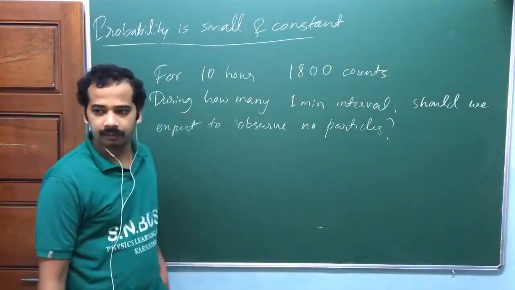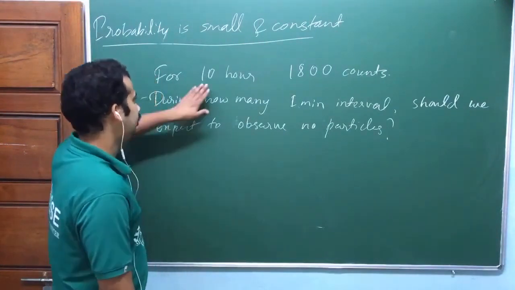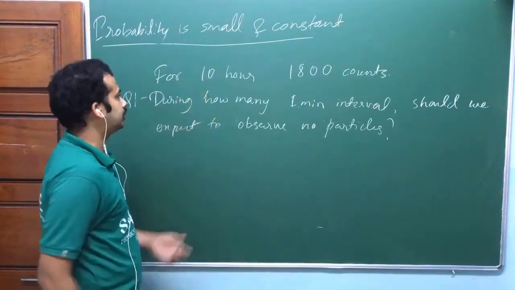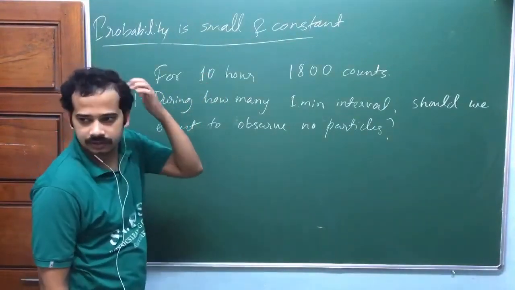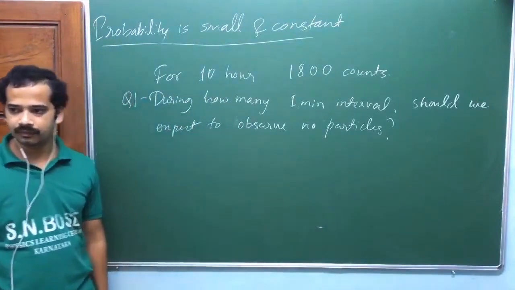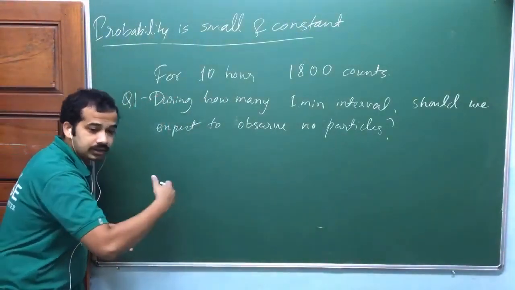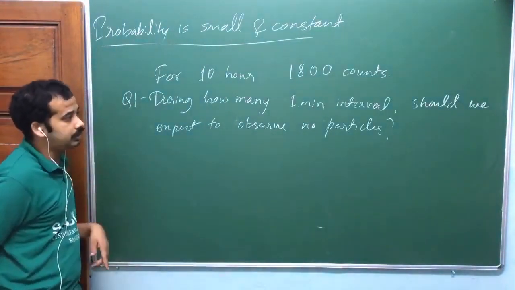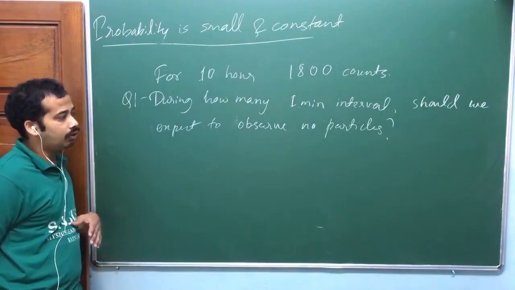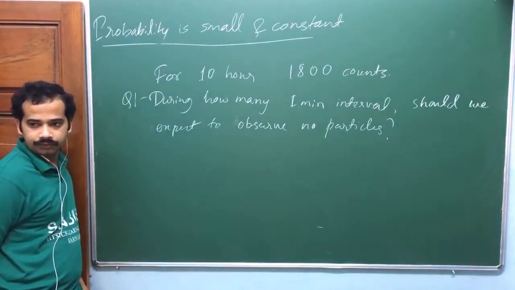He is asking for the probability. You have to divide this 10 hours into 1 minute intervals. How many 1 minute intervals will be there? 60 into 10, 600, isn't it? So this 10 hours is divided into 600 one-minute intervals. So during how many 1 minute intervals do we expect no particles? That's the question.